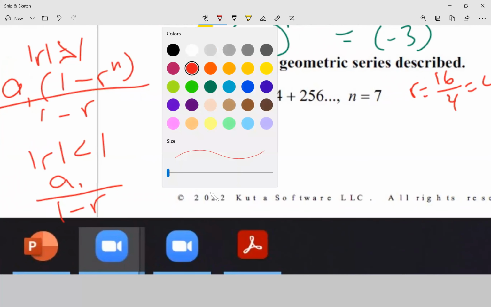My first number on the list is 4. Inside parentheses, let me write 1 minus, the ratio is 4, right? So I'm going to say 4 to the 7th because I'm adding 7 numbers, right? And then here at the bottom, I'm going to have 1 minus r, or 1 minus 4.